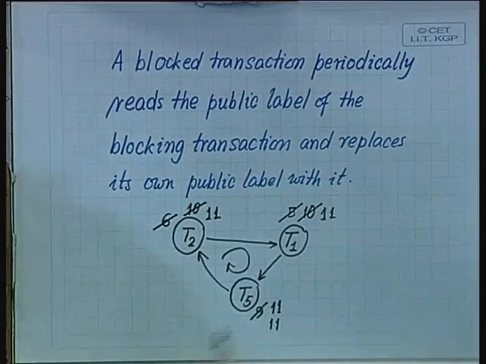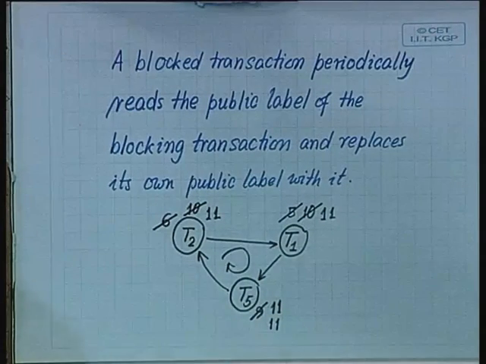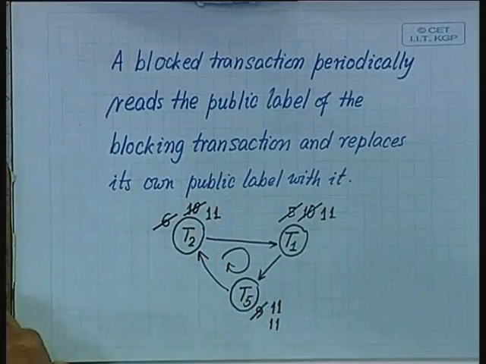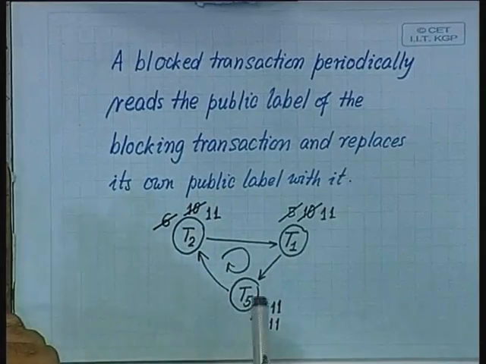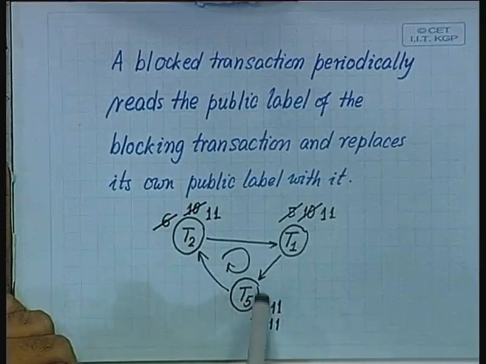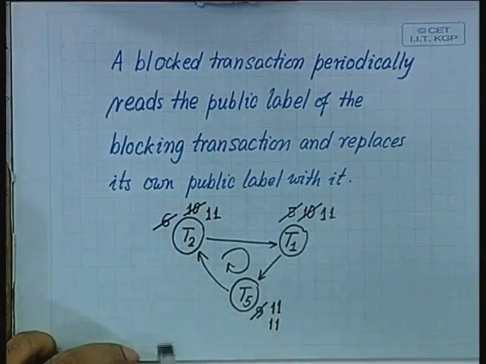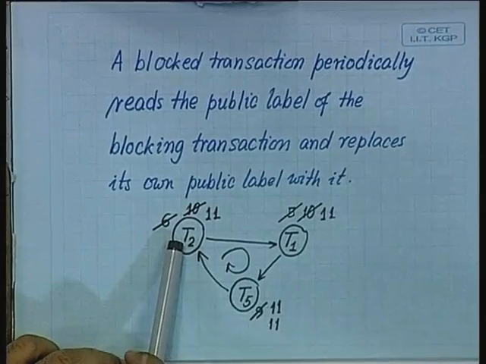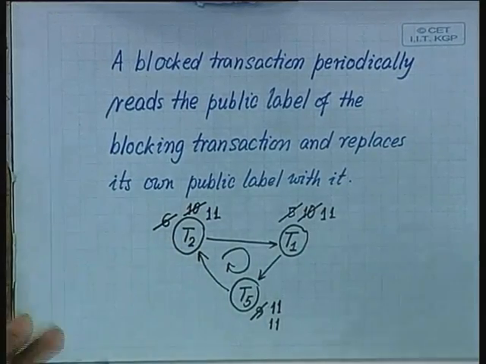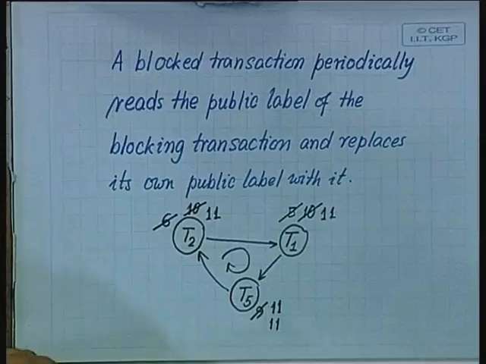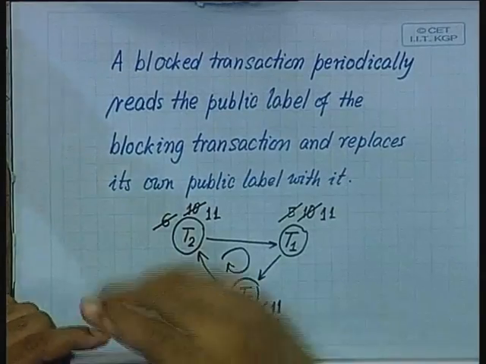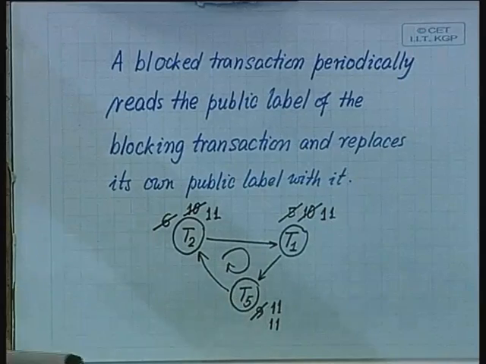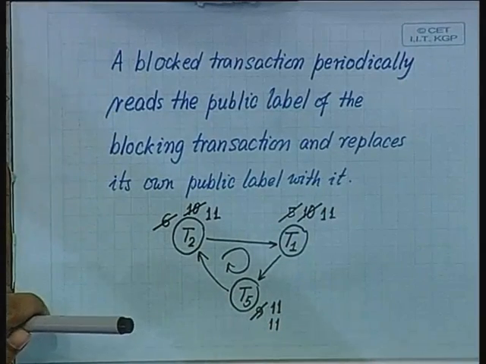So, when you find that your public label and private label are the same, and the one that you are depending on has the same public label, then you know that this is the one. So, T5 will therefore abort. Now, that is fair enough, because T5 was the last one to block on T2. So, we want to unwind the thing from the reverse, from the last step we want to start aborting. So, T5 will abort itself, and then it will continue once again.